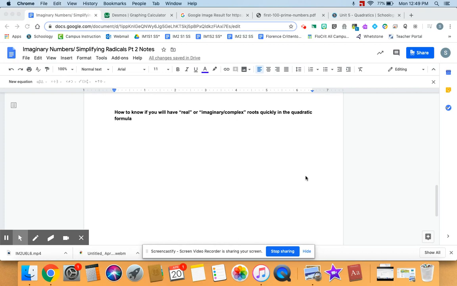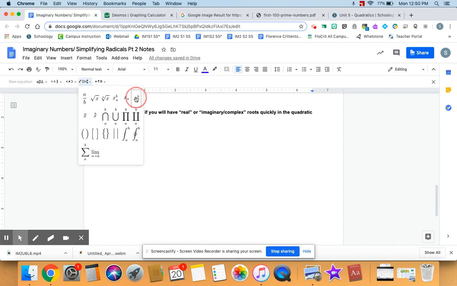So, like I said before, sometimes they might ask you quickly to determine if the equation is going to have real roots or imaginary roots. Please note here that I wrote imaginary / complex because complex is just another word for imaginary. So sometimes a question might say, are the roots complex? And that just means, are they imaginary? So the part of the formula that tells you this for the quadratic formula is always under the square root.